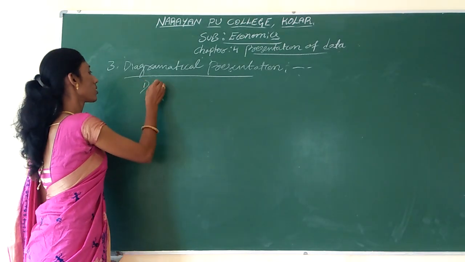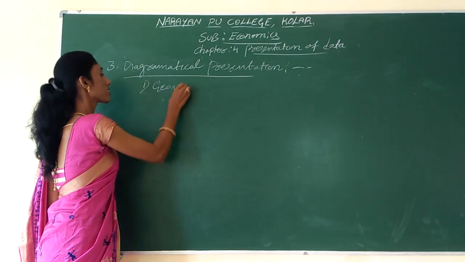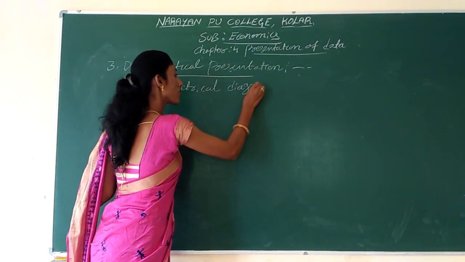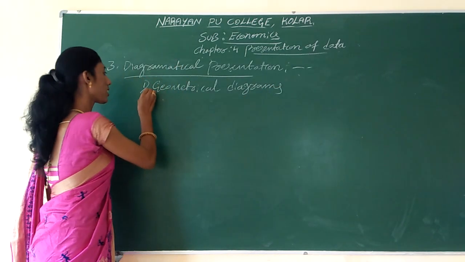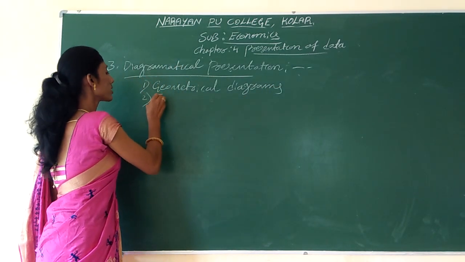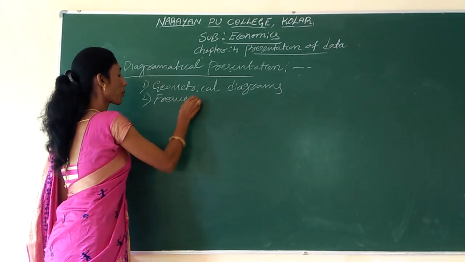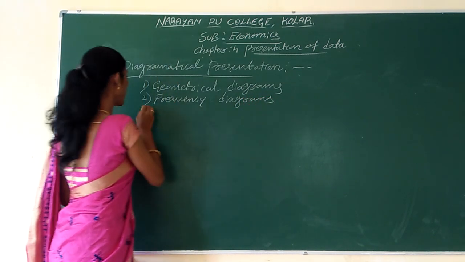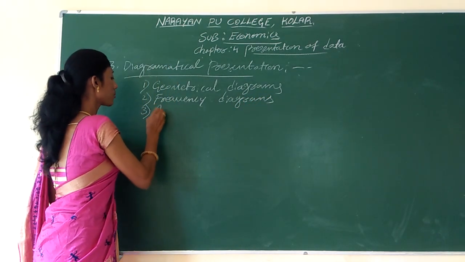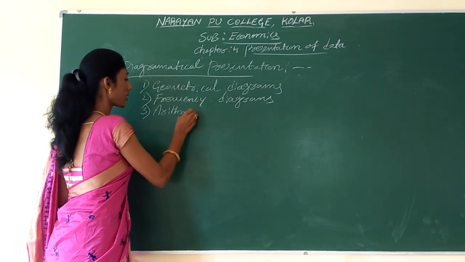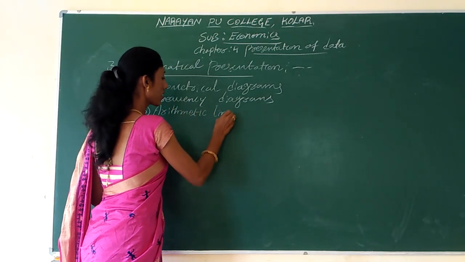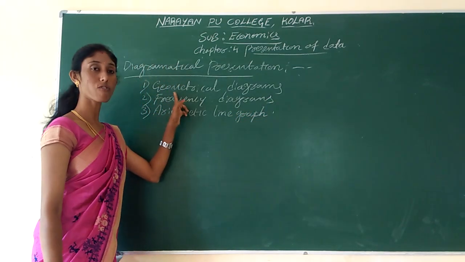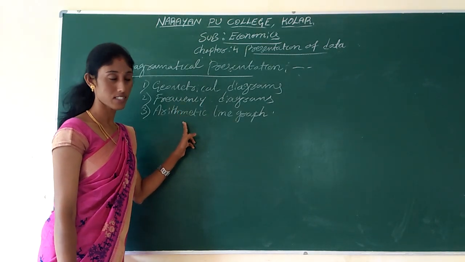First one, geometrical diagrams, second one is frequency diagrams, and third one is arithmetic line graph. These are the three forms of diagrammatical presentation.